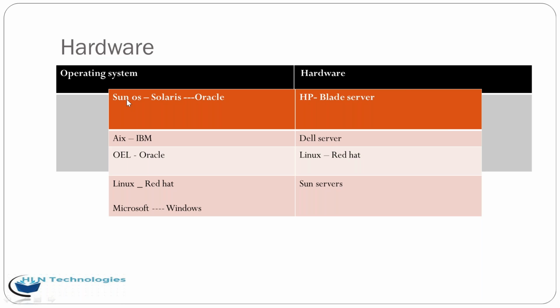When you come to Oracle, Sun OS and Solaris OS are there from Oracle. When you go to IBM, AIX is the most powerful operating system from IBM. Coming to Oracle again, OEL, Oracle Enterprise Linux, is there.